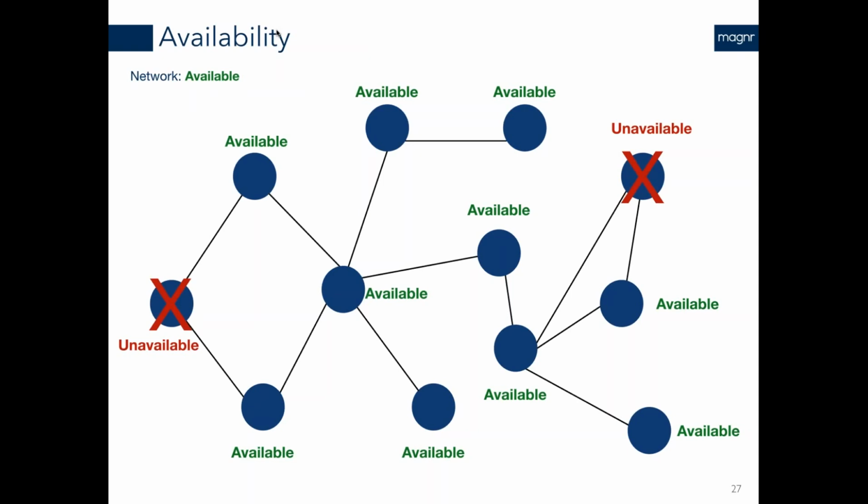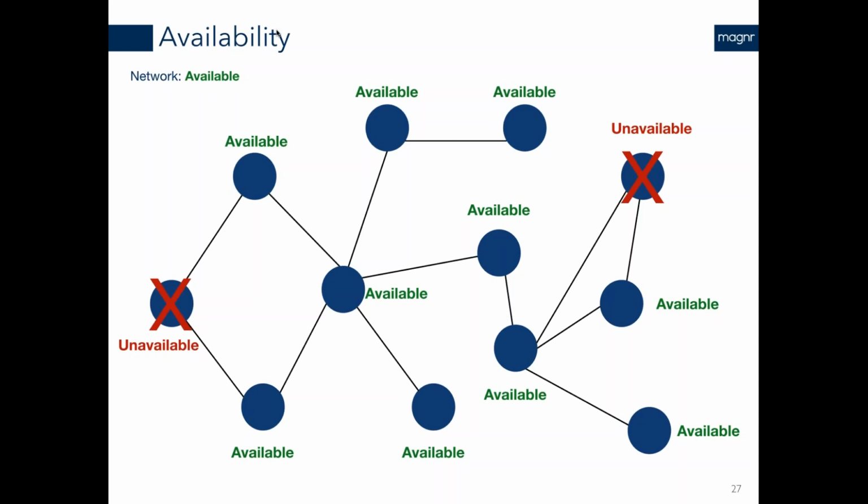Revolving around availability, if we look at this network diagram, if I lose the node on the left, which I've marked as unavailable, and the node on the right, also marked as unavailable, so these machines have died, or someone's turned their phone off, or they've gone into a tunnel, that would be the simulation of this particular scenario. Bitcoin is still able to achieve availability.